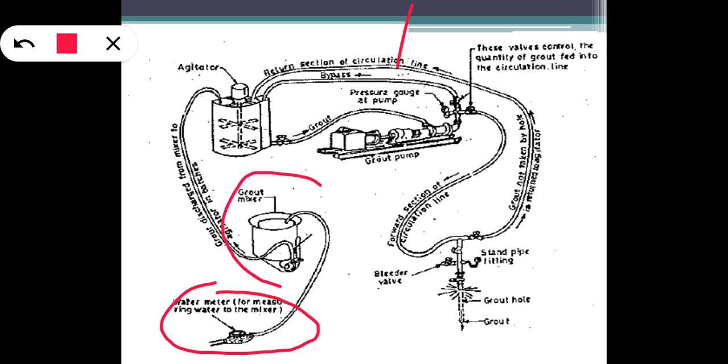So this is the grout mixer. All the ingredients of the grout will be added to the grout mixer, which will be circulated to the third part of the equipment, that is the agitator, where there are blades to make the grout uniform. Then it will be circulated to the grout pump.